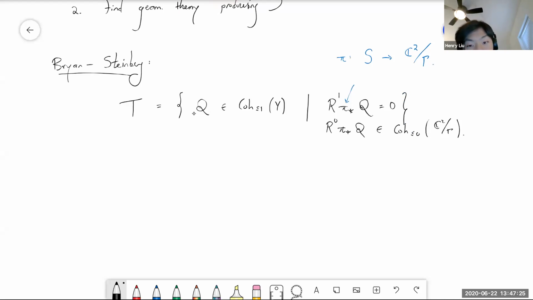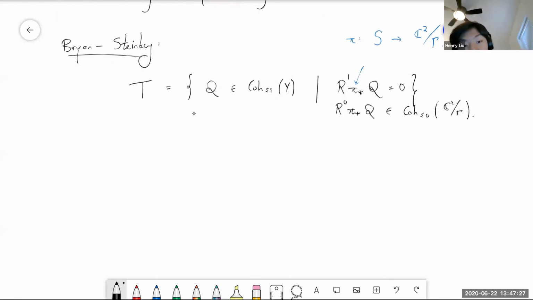Okay, so now we should think we're trying to count pairs where you have the sheaf F. Sheaf F has a map from the structure sheaf over the threefold. And then there's a co-kernel Q. And Q is inside this category T. So this is almost exactly like PT theory, except we're allowing the co-kernel to have more stuff.